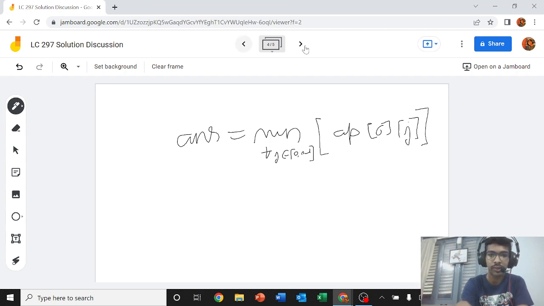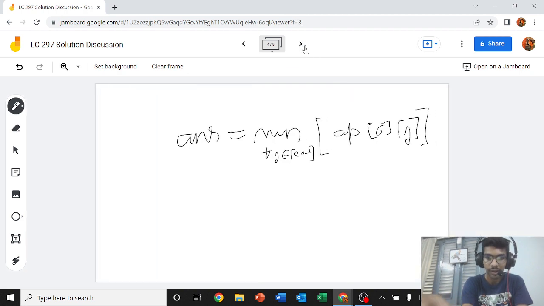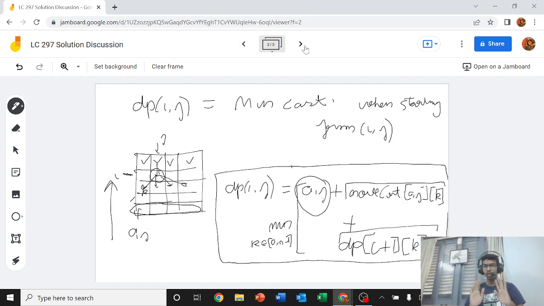So we calculated DP values in a bottom up way in the 2D DP grid, and then this is going to be our final answer. I hope that this logic made sense.